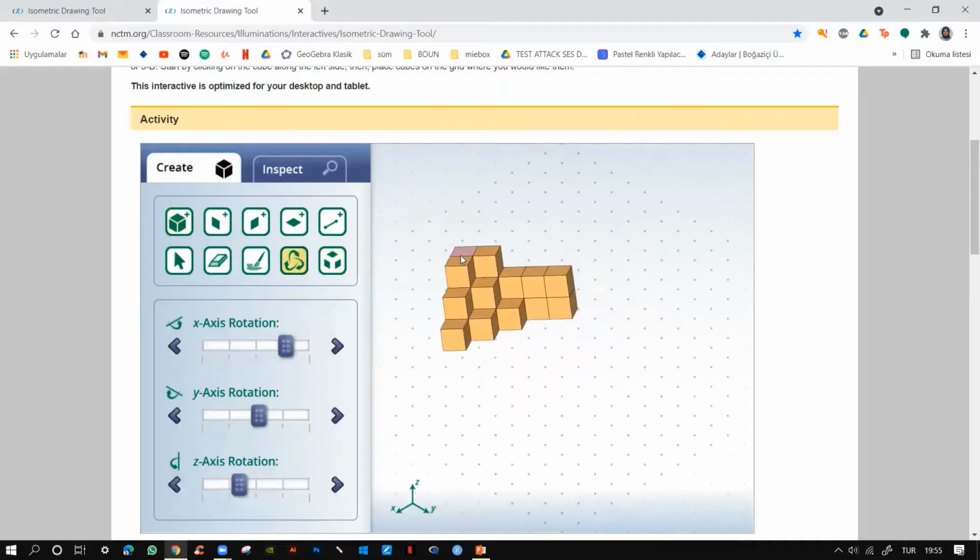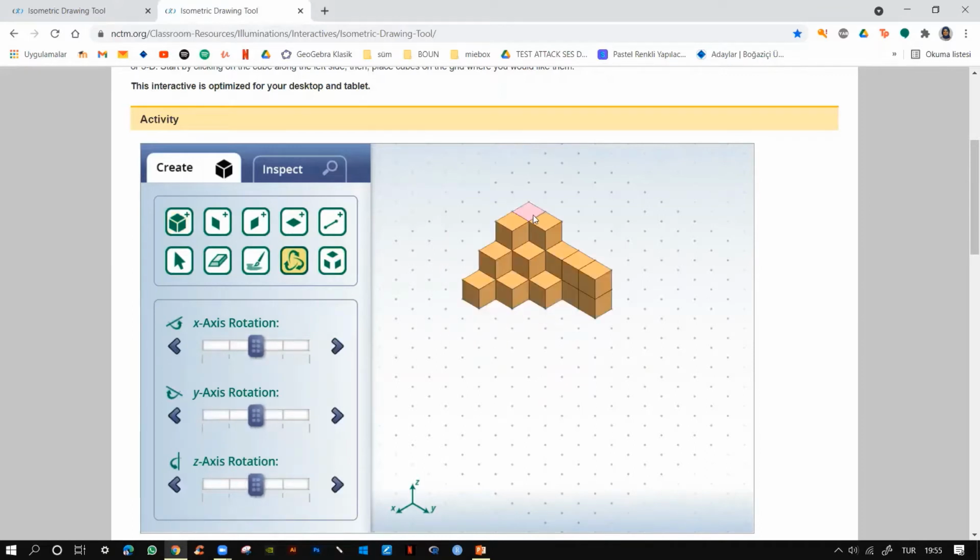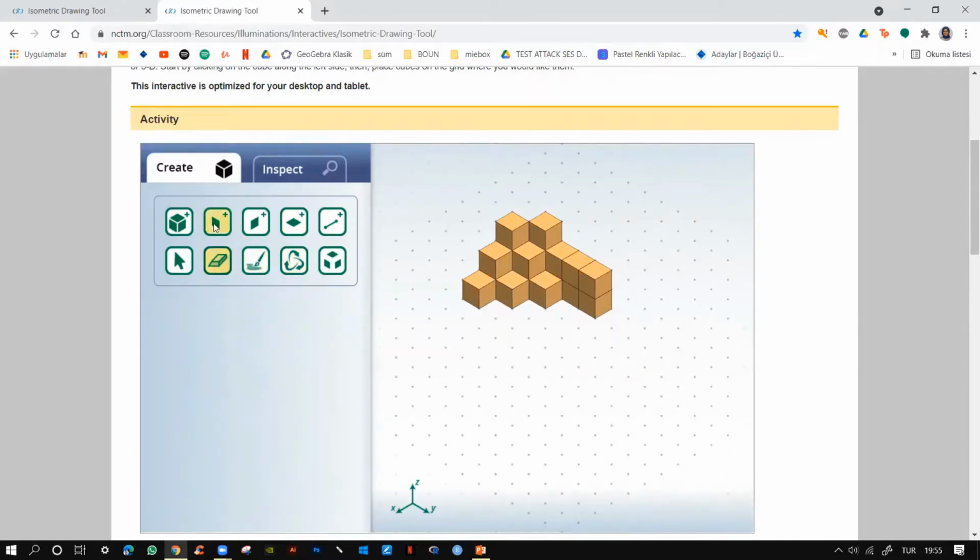And I'm rotating again. The shape is different because there is 1 unit cube that shouldn't be here. So I'm deleting it. In this shape, there may be 1 or 2 unit cubes. The question asks at least, so I should think that there are 2 unit cubes behind.